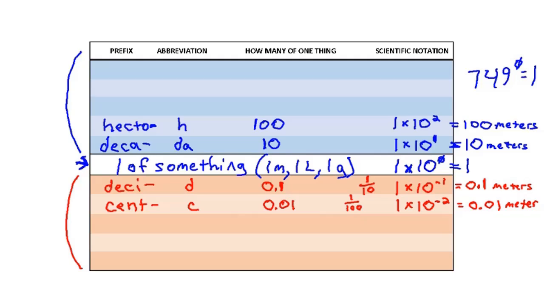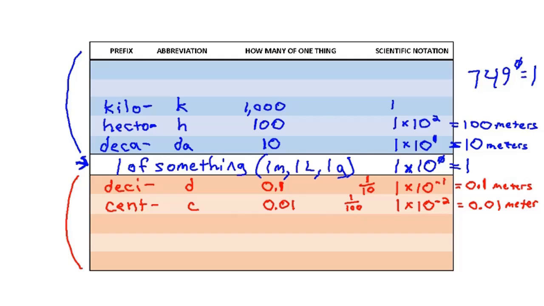Now going back up to the big section, our next one is kilo. So kilometers, and that's lowercase k, and kilo means 1,000. So if we have a kilometer, we have 1,000 meters.